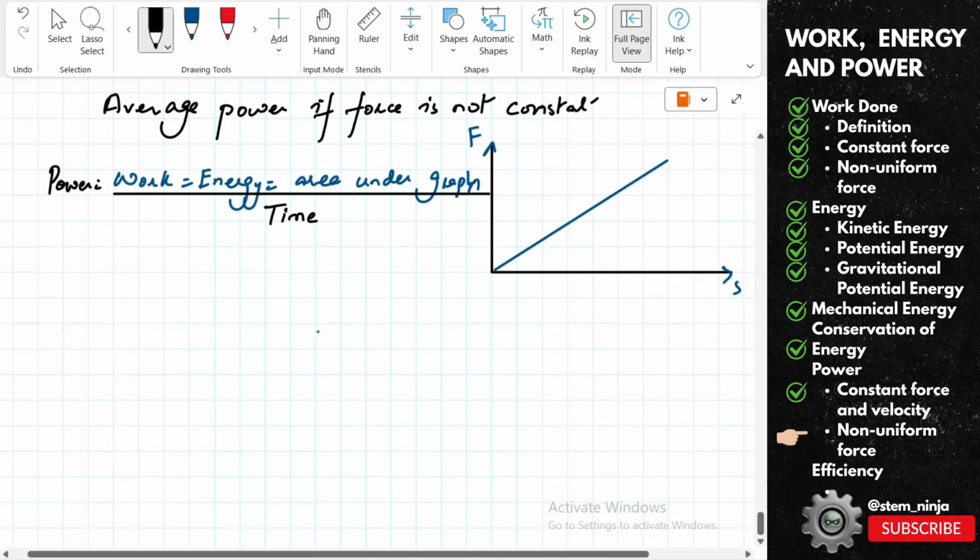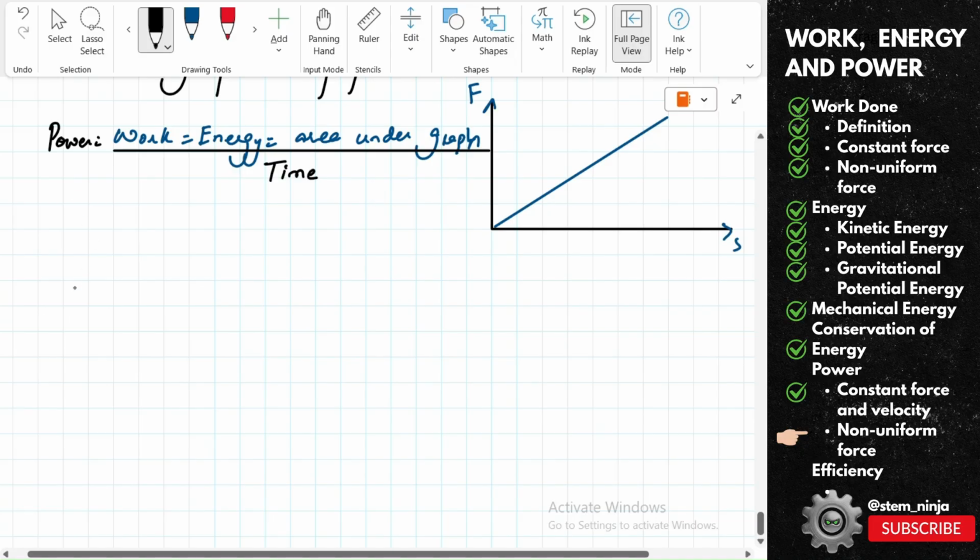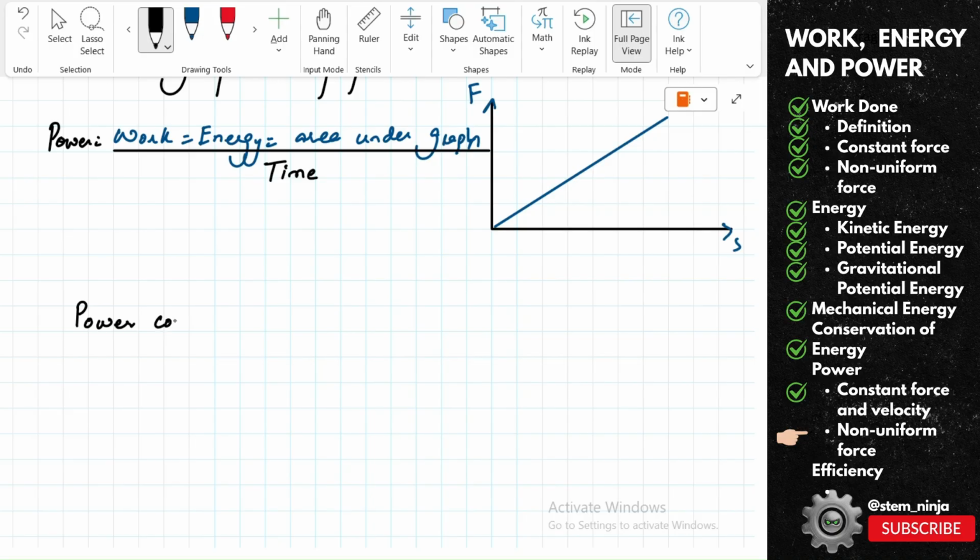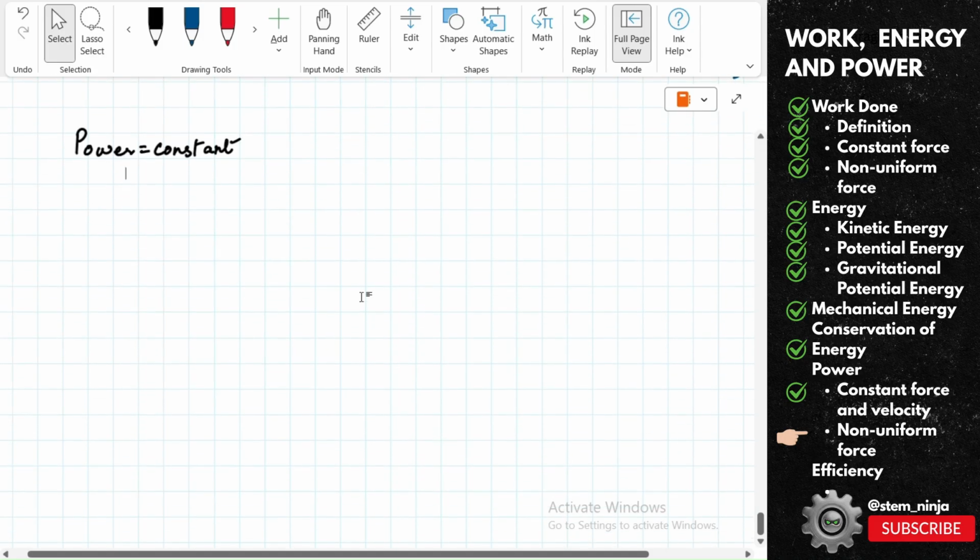Now there is another scenario also, where power is constant. Okay, so how would the variation of force and velocity look like?